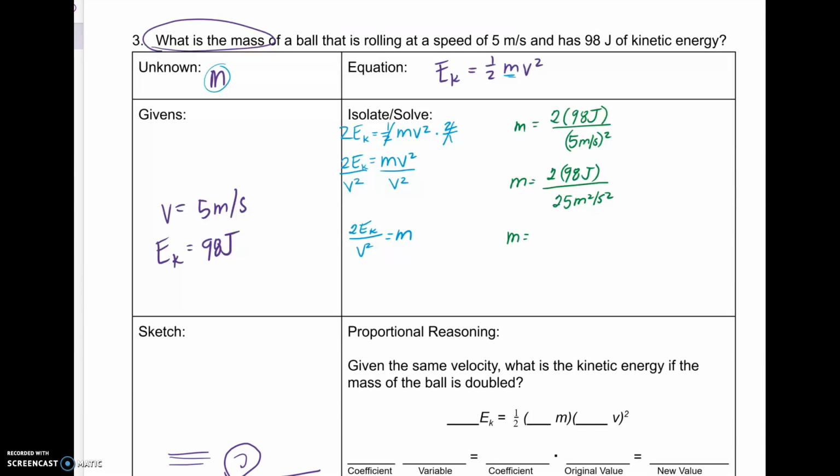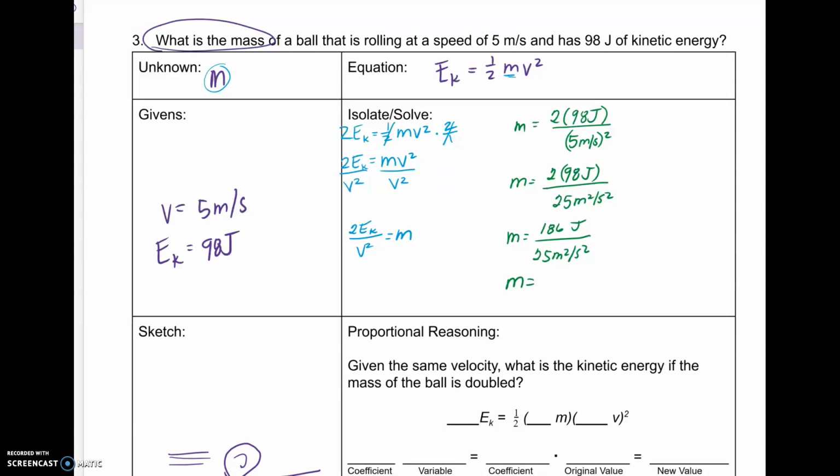And when you cancel out all the units, you're going to get the units for mass, which is kilograms.